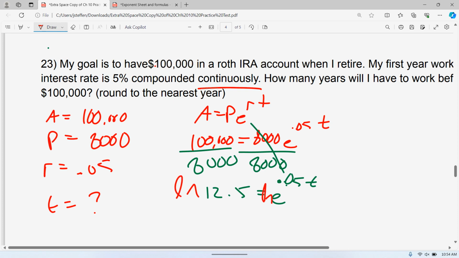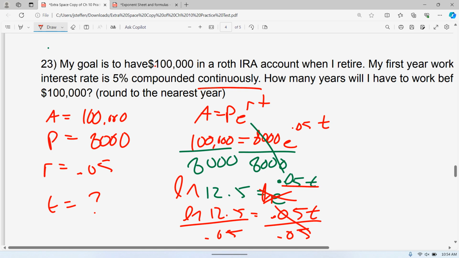But on the other side, the ln and e cancel, and all we're left with is this exponent, 0.05t. Now it's not an exponent, so the last thing you need to do is divide by 0.05. Natural log of 12.5 divided by 0.05. It'll take roughly 50.5 years. If you round that up to 51, I don't care. Either way is fine.